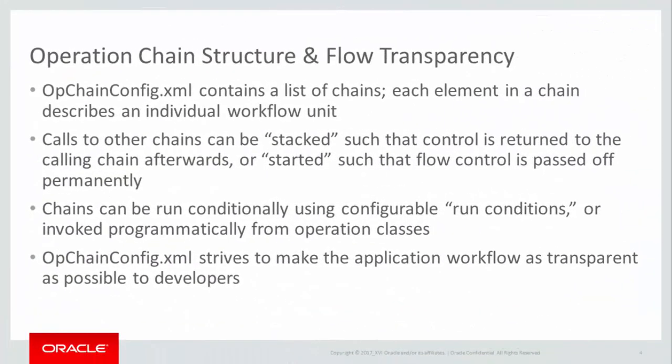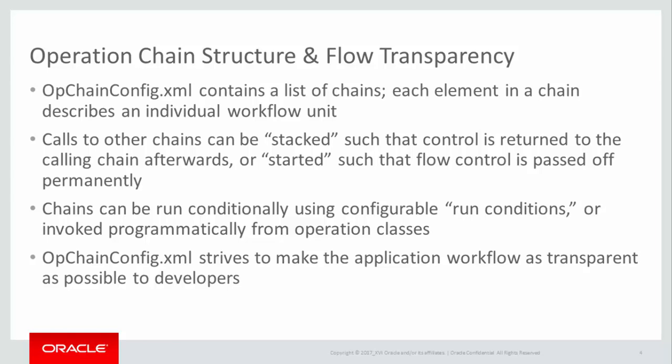So as we saw, chains can be run conditionally using configurable run conditions, or they can be invoked programmatically from within your operation classes. So as stated earlier, every actual XStore operation is backed by a Java class that extends from a common abstract parent in the XStore framework. So when you implement these operations or extend the base operations, you have the ability to tell the OpChain processor from your code what you want the OpChain processor to do next.